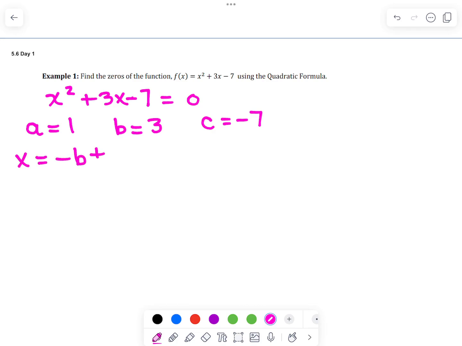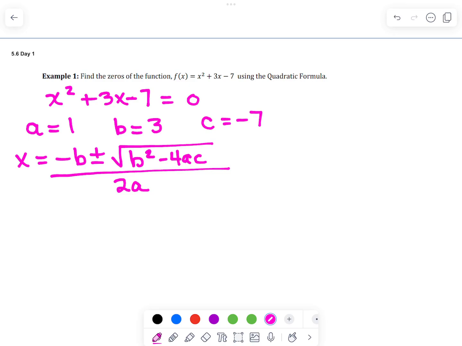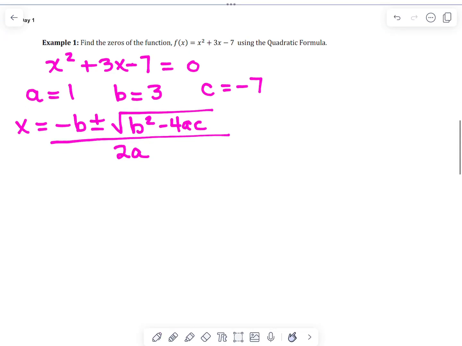So x equals negative b plus or minus the square root of b squared minus 4ac, and then be very careful here, it's all over 2a. Now what we do is substitute the a, b, and c into the formula.